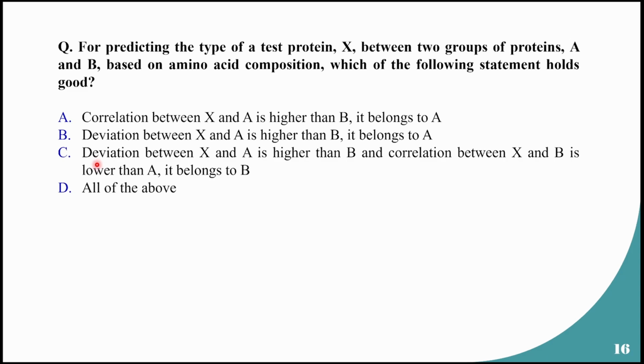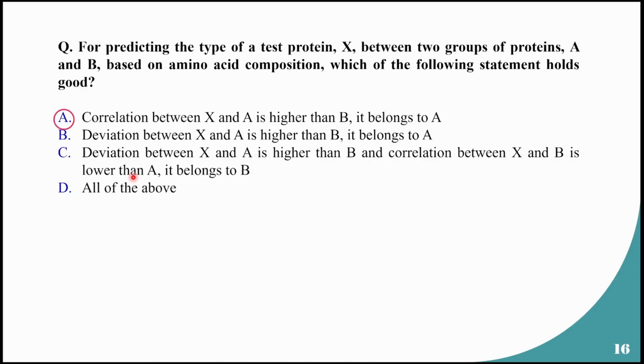Option C says the deviation between X and A is higher than B. So X and A have a high deviation. So of course, according to this option, the protein should belong to group B. But there is another addition in this statement, which is saying that the correlation between X and B is lower than A.